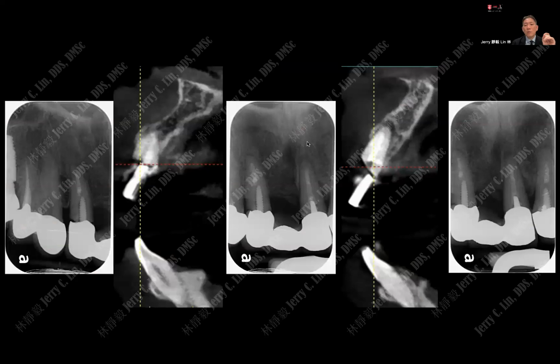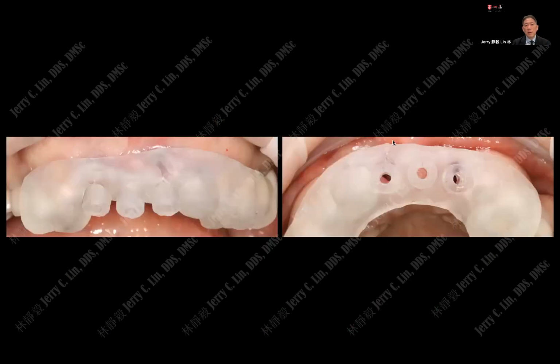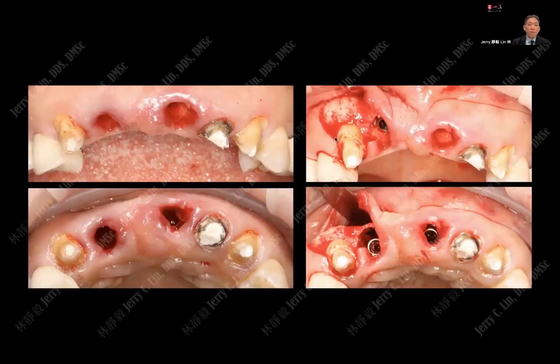So for the lateral and the central, both of them have bone dehiscence and soft tissue dehiscence. So we need both bone and soft tissue augmentation to meet our first requirement, bone and soft tissue. This is before, with the existing prosthesis that has been removed. So we have immediate implants treatment planned.